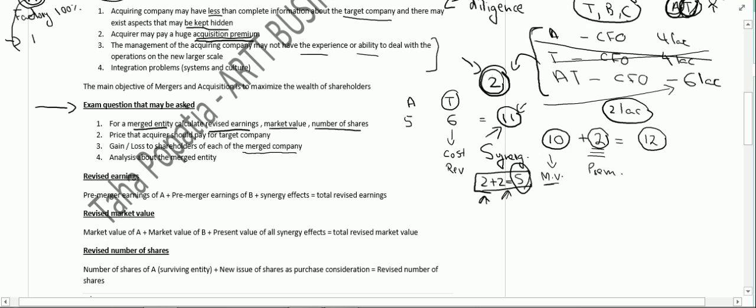For example, before merger, a single share of A was valued at 5 per share. However, after merger, the shares are now valued at 6 per share. So we can say that each shareholder of A has gained rupees 1 due to merger. An analysis about the merged entity. We will go into these details in our basic examples.